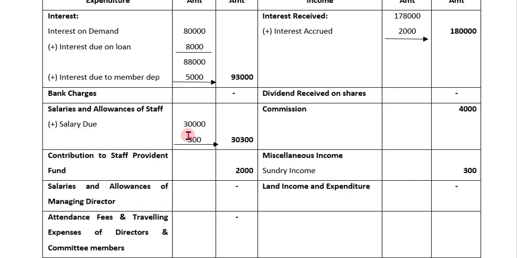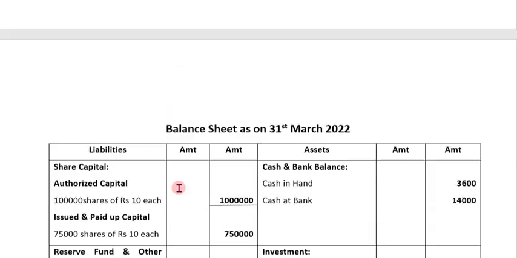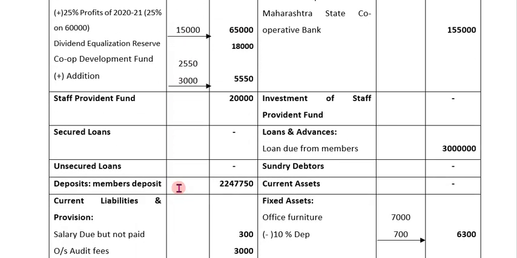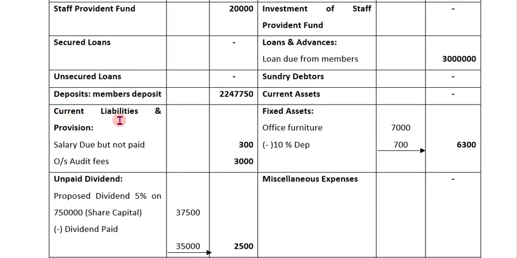Salaries 30,000 plus outstanding salary due 300 rupees, 30,300. Now second effect of this 300 rupees will come in current liabilities and provision, saying that salary due but not paid 300 rupees.